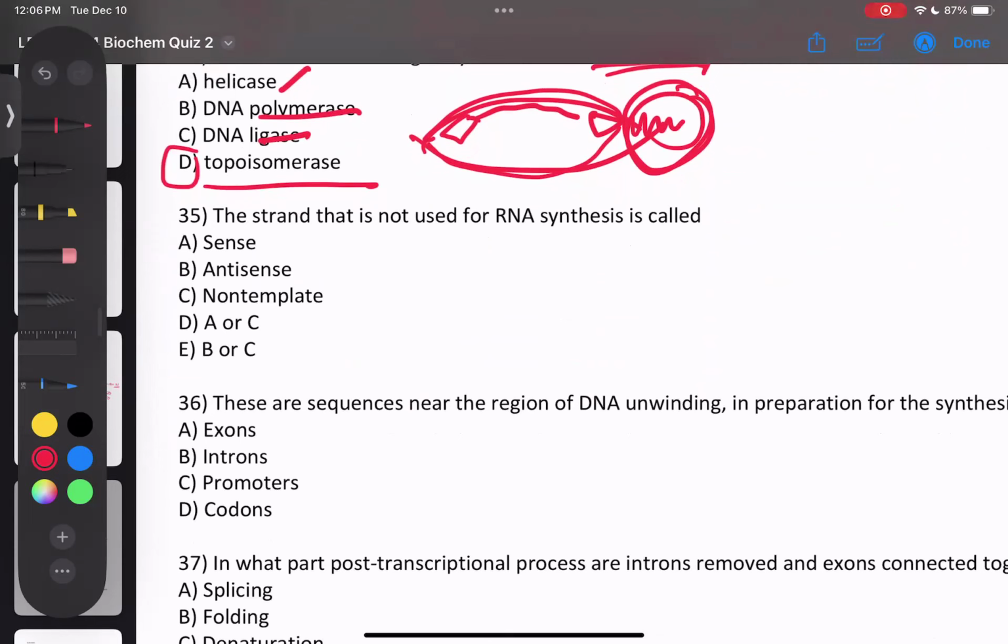35. The strand that is not used for RNA synthesis is definitely not the template, so this is a correct word. But you should know, I believe it's in our handout, that the equally popular or even probably more popular name for the non-template strand is the sense. So that would be A or C. The antisense is actually the more technical name for the template or the one we are copying in the process of transcription or RNA synthesis.